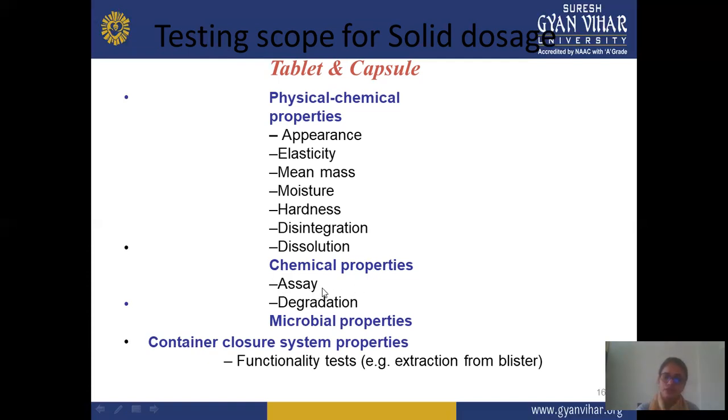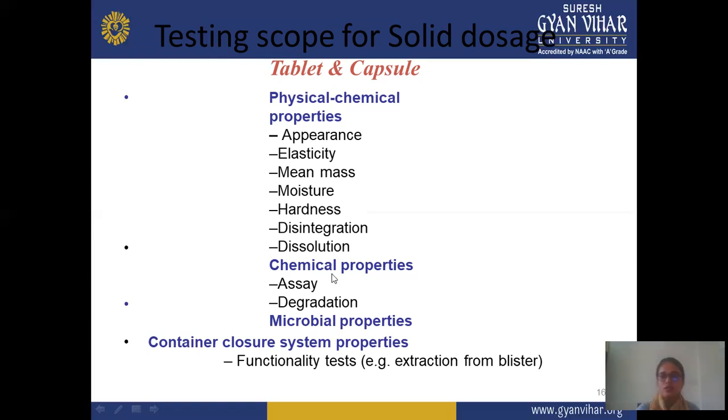Next is degradation. Degradation means changes of certain properties or degradation of the formulation. In this, you assure that your formulation, tablet and capsule both, are in good condition and do not degrade easily. Microbial property means certain bacteria or microbes that affect your formulation. And container closure means functionality tests, maybe extraction from a blister. You know that tablets or capsules are packed in different types of packaging material like blister packaging, strip packaging, or alloy packaging.